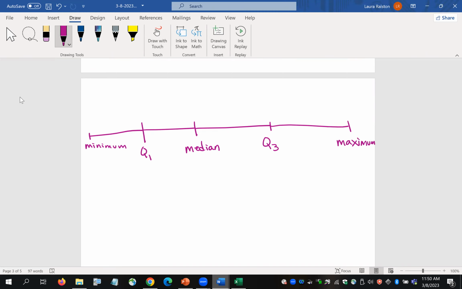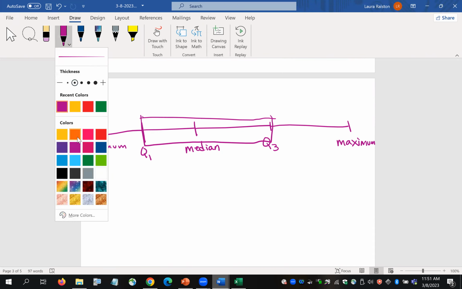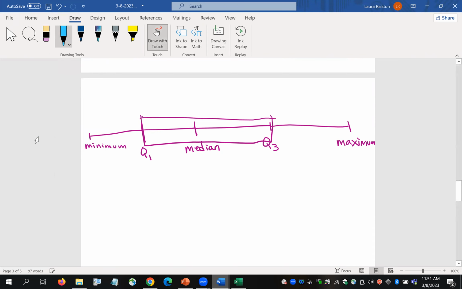And normally there's a box drawn around Q1 to Q3. That region between Q1 and Q3 is called the interquartile range, or the IQR. And Minitab has given us that value.